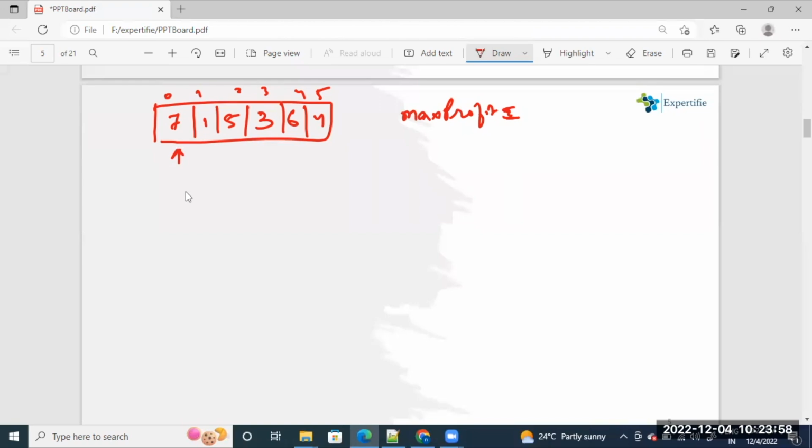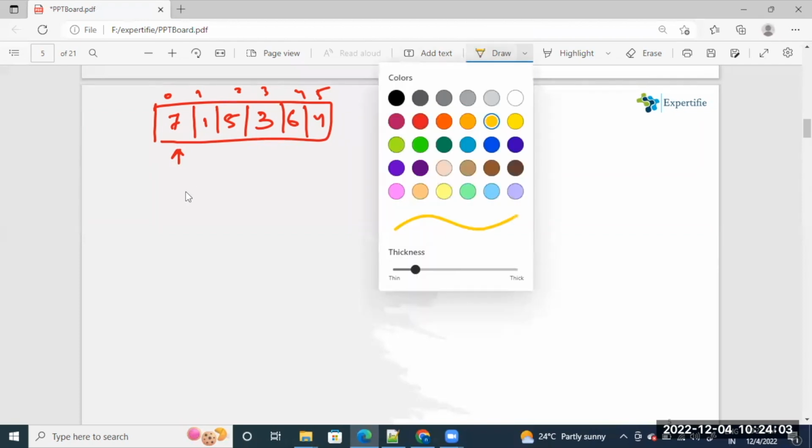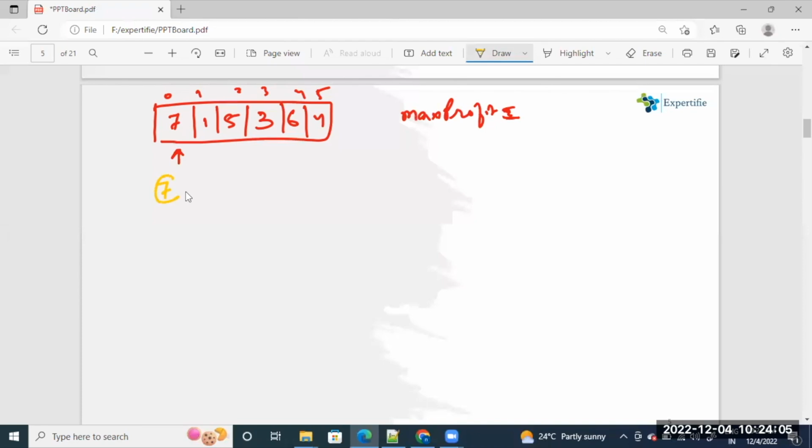So what can we do? Here we cannot buy at price 7, because 7 is the maximum price. When we proceed further, we reach 1. Let's say I bought at 1, I found the maximum here and I sell it, so I got 1 profit.